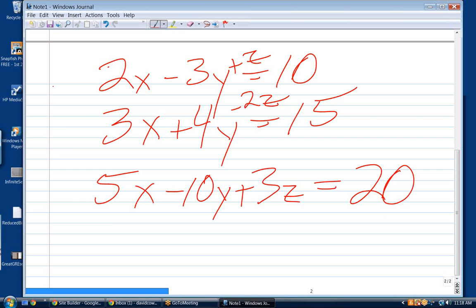I don't know if you know how to solve 3 variables and 3 equations, but it basically is a whittle down process. You solve 2, eliminating 1 variable, you pick another 2, eliminating the same variable, you end up with 2 more equations but only 2 variables. You use the techniques we've been talking about to solve those, and eventually you get solutions for all 3 variables. Okay?